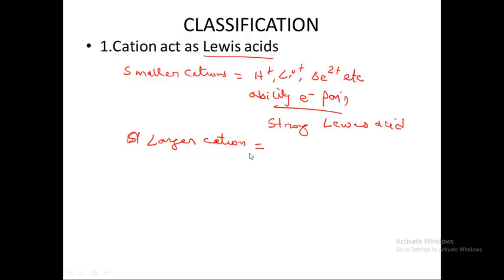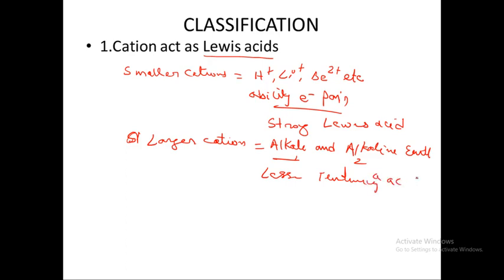Most of the group 1 and 2 elements have a lesser tendency to accept a pair of electrons due to their large size.